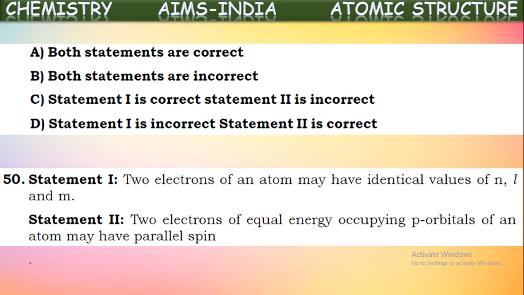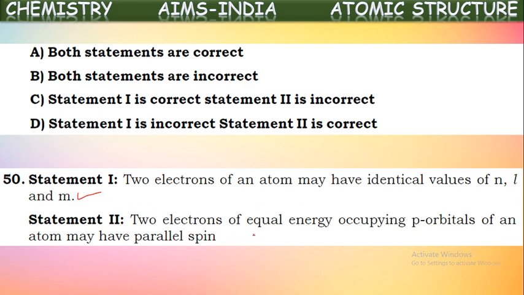If two electrons are present in the same orbital, they will have the first three quantum number values the same. That means principal quantum number, azimuthal quantum number, and magnetic quantum number values will be the same for electrons in the same orbital. But only the spin quantum number value will vary. So this is a correct statement.